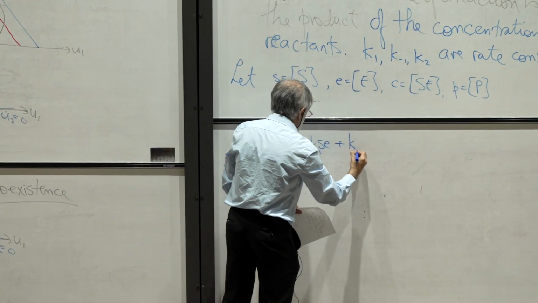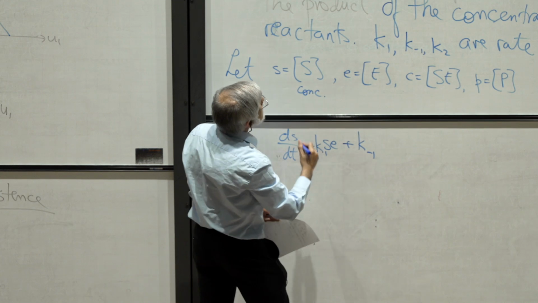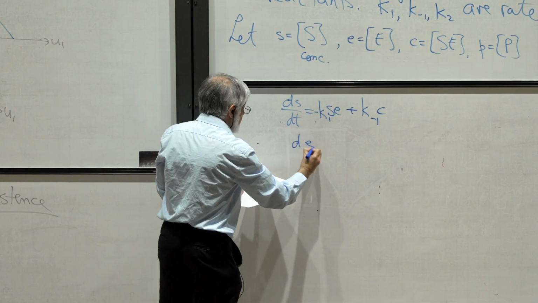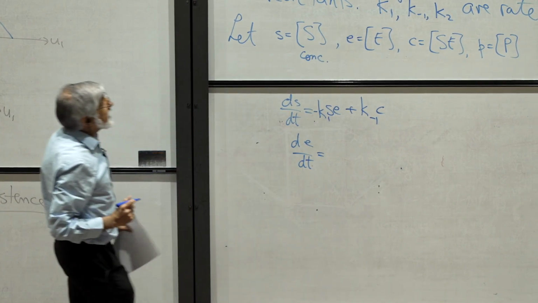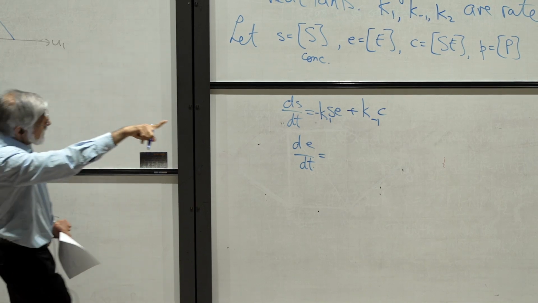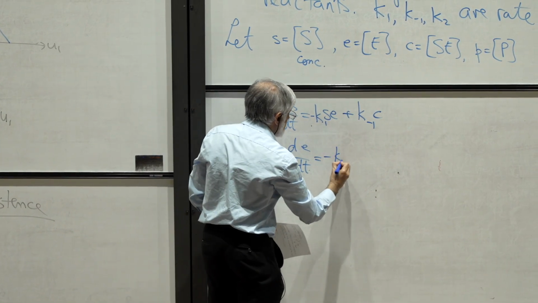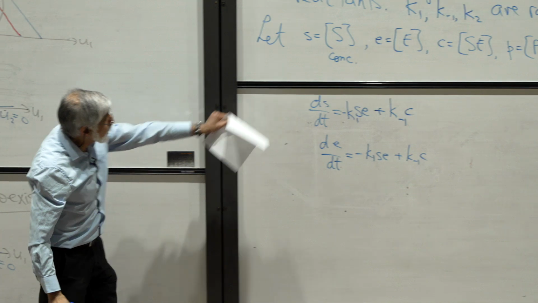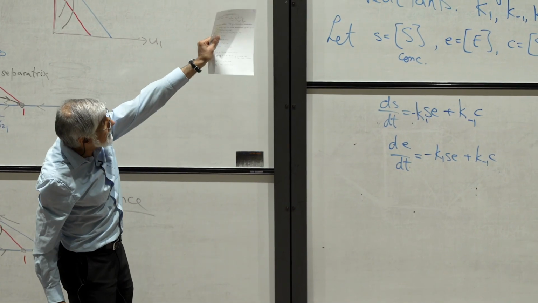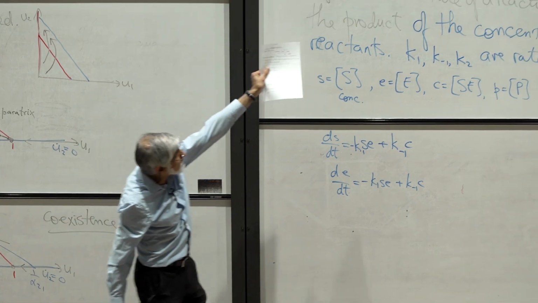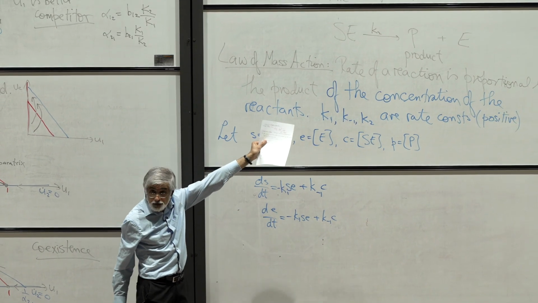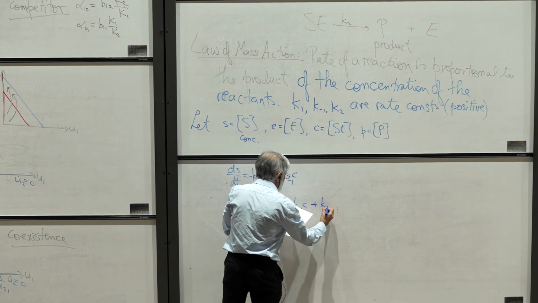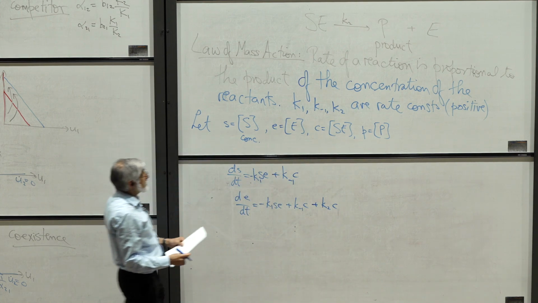So that's K minus 1 times C. dE by dt. E is lost by the reaction with S. It's gained by the complex reversing. So those two are the same. But E also comes from the complex going to product and E again. So we've got a K2 times C, because the reactant there is C.